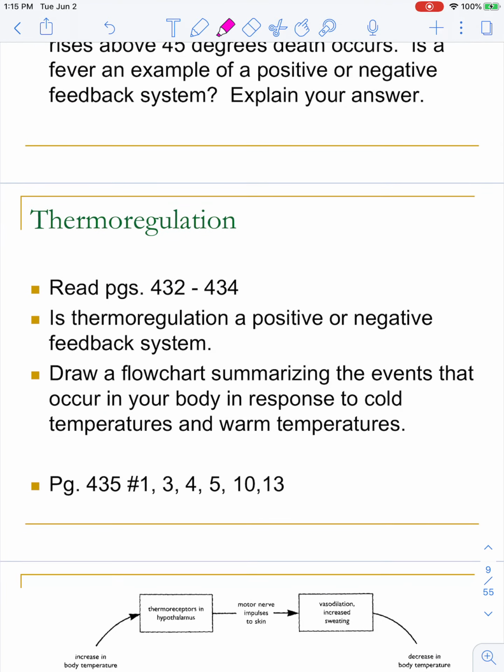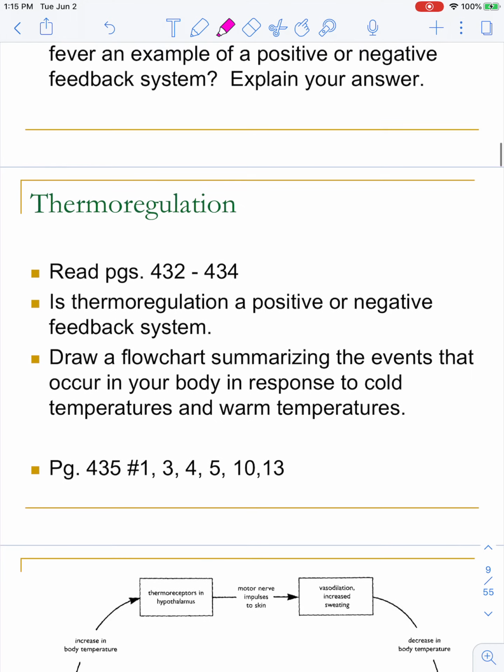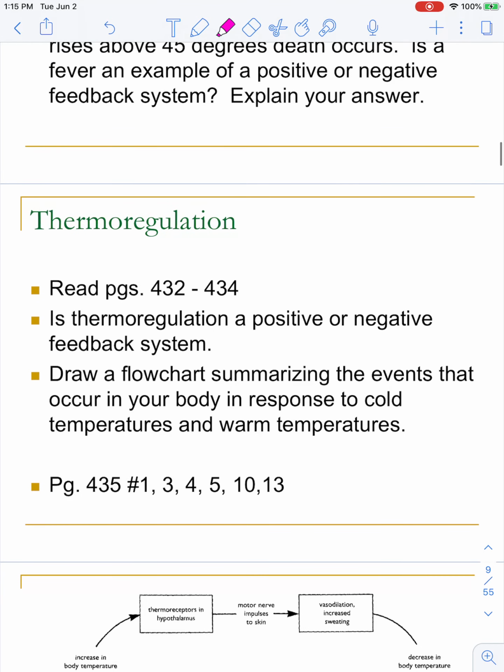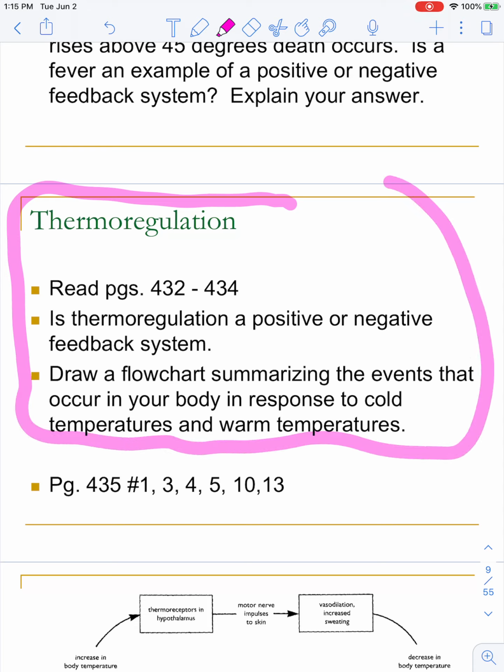We're going to not go through that. So I want you to do this. So thermoregulation, I want you to draw a flow chart summarizing the events that occur in your body in response to both cold and warm temperatures. Okay, so it's just a flow chart that I want you to do. They have an example of one in the textbook.